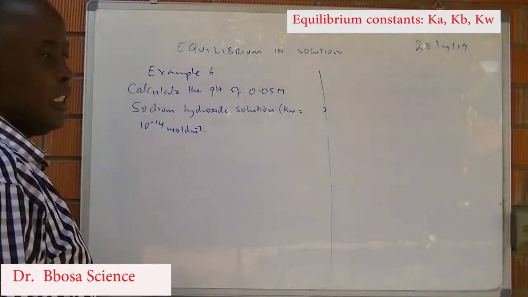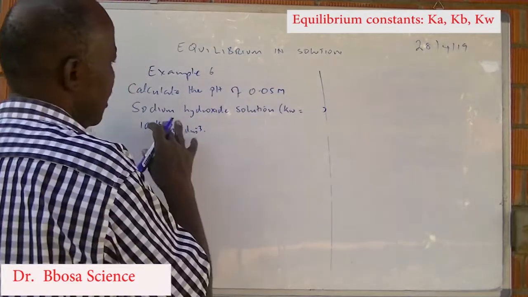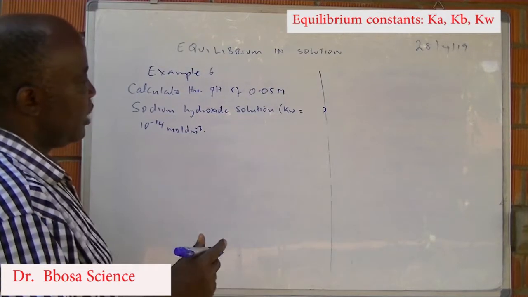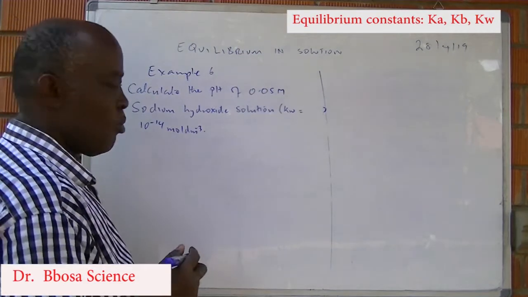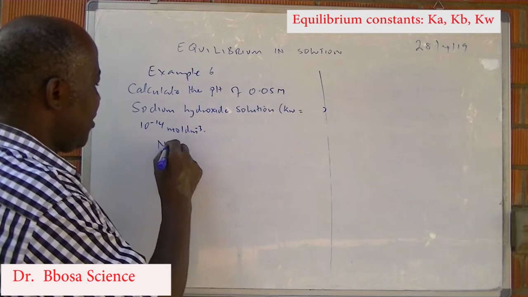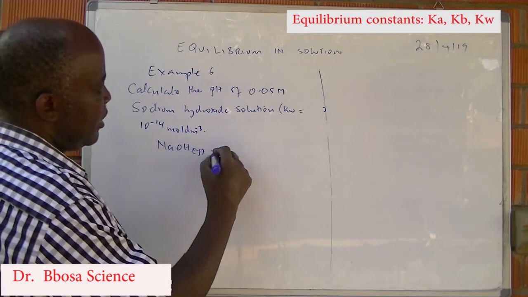Example 6. Calculate the pH of 0.5 molar sodium hydroxide solution. Kw is equal to 10 to the power negative 14 moles squared per decimeter to the power 6. What do we know about sodium hydroxide? Sodium hydroxide is a strong base.